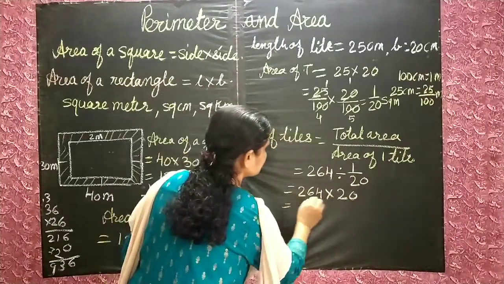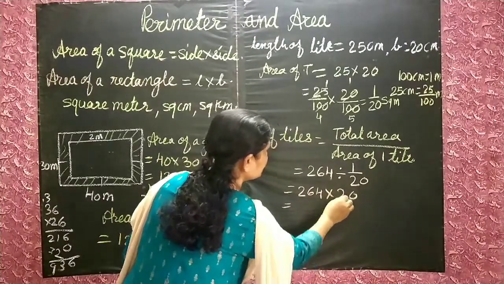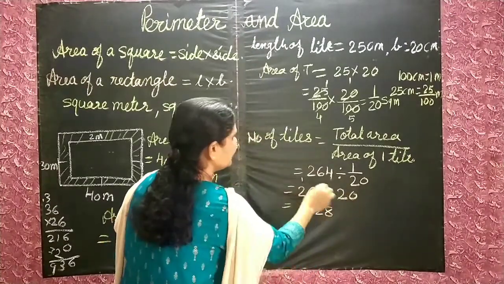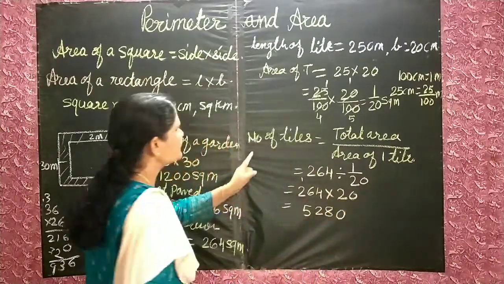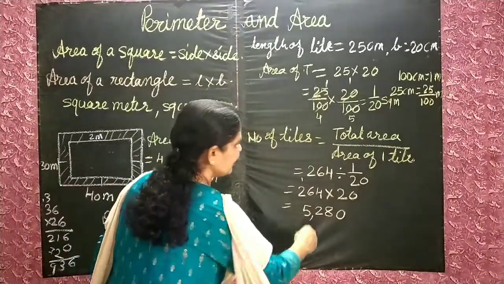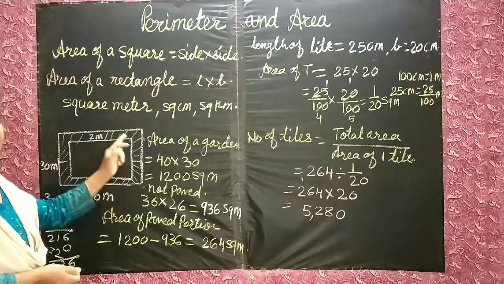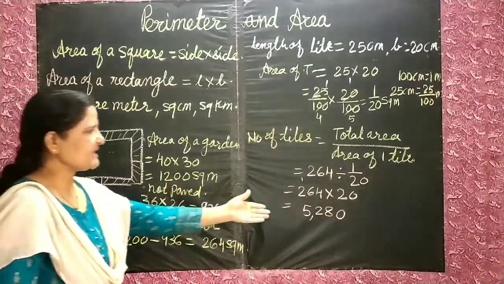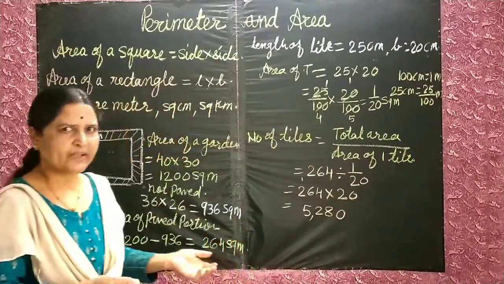So 2 4s are 8, 2 6s are 12, 1 carry, 2 2s are 4 and 1, 5, and put this 0. That means the number of tiles, how many tiles will be required? 5280 tiles will be required for paving this area. Got it, students? Now we'll see more examples.